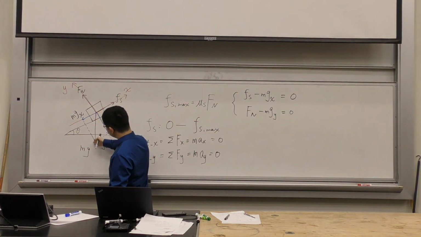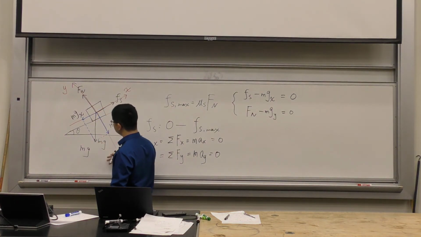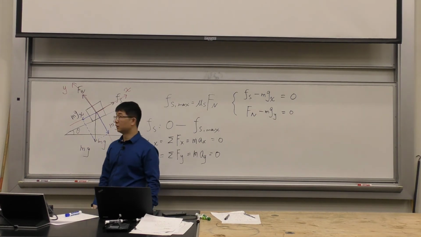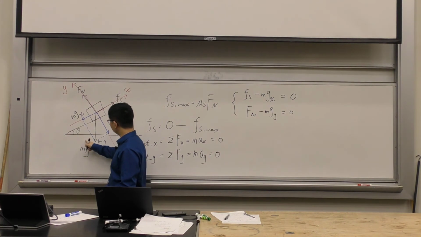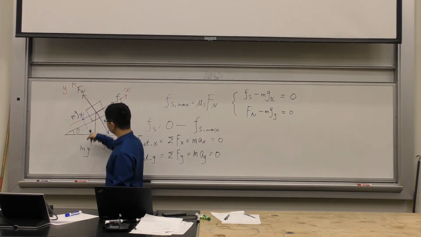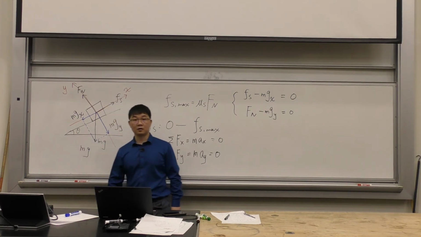So I'm going to use mg, but then I need an angle theta, right? I need an angle to help me find the y and x components. I can do sine and cosine, right? There's a theta angle here, okay? So you sort of need to transport this theta angle to this right triangle so that you can use it, okay?